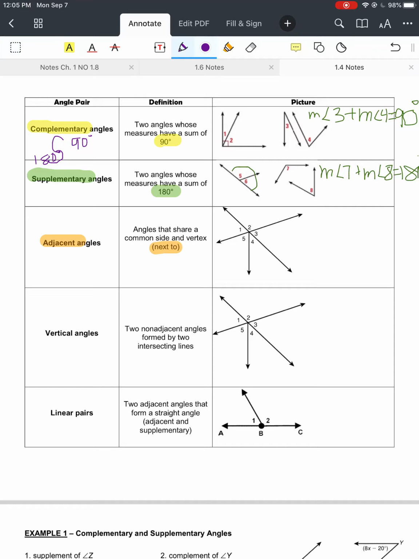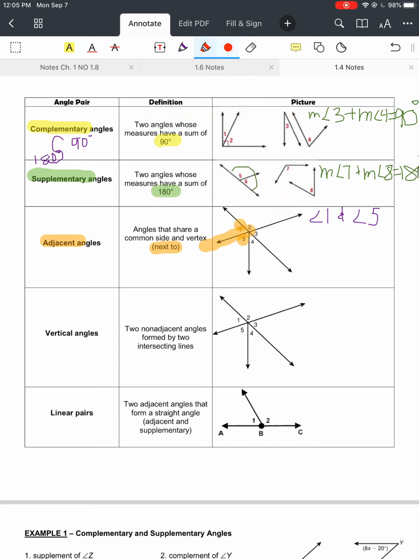They cannot overlap. Here we have lots of examples of adjacent angles. For example, angle 1 and angle 5 are adjacent. They are next to each other. They share this common side and they share that middle vertex. So angle 1 and 5 are examples of being adjacent.